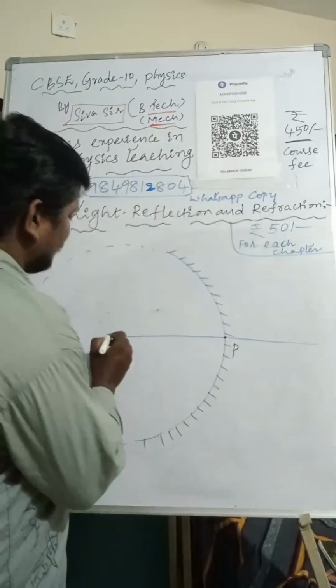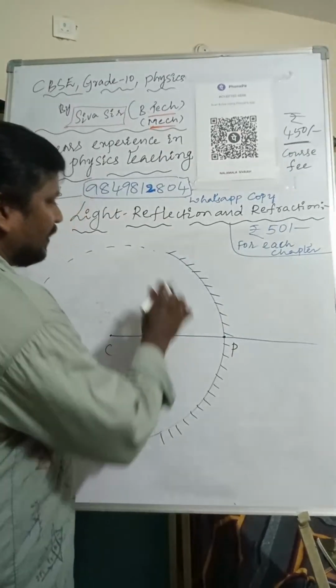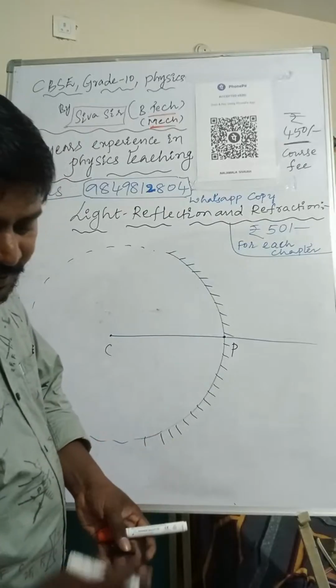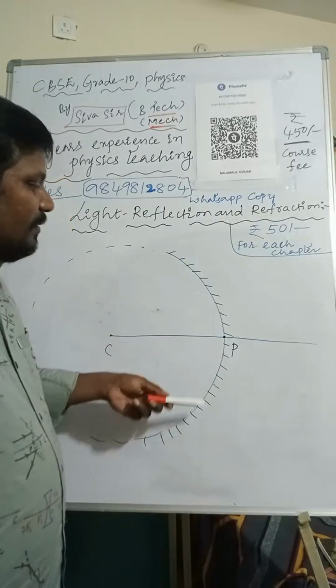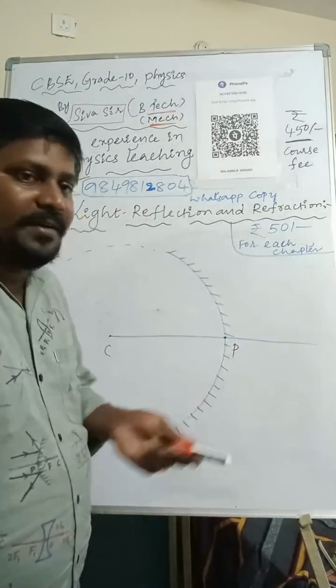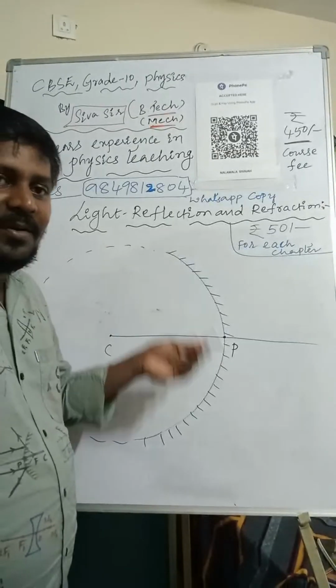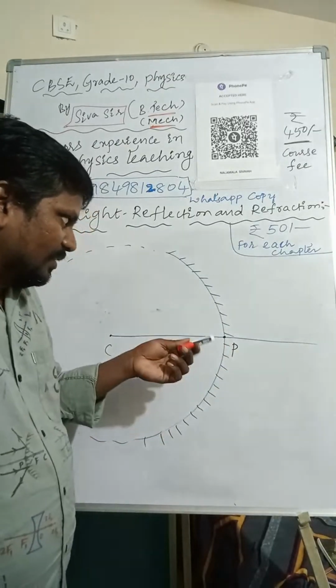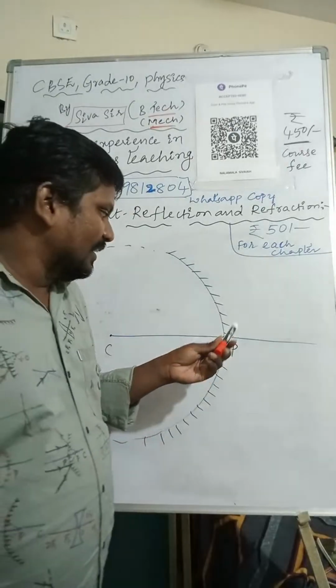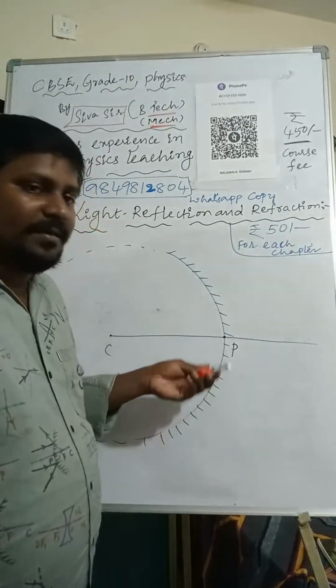The middle point of the mirror is called the pole. Exactly here is the midpoint of the mirror.